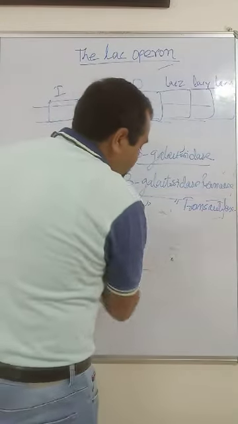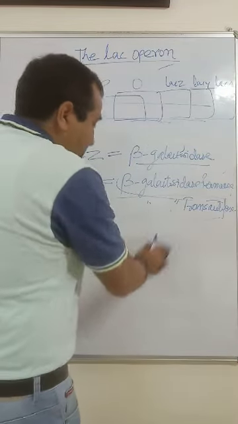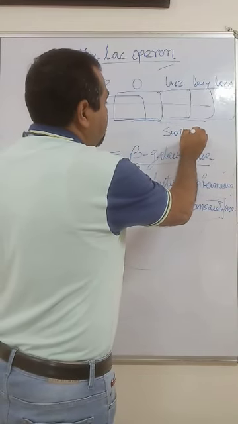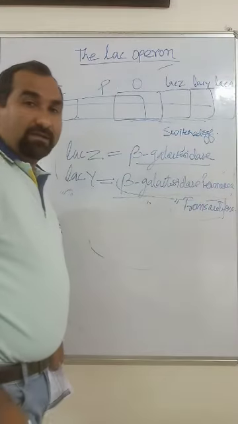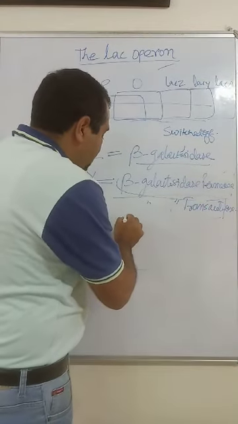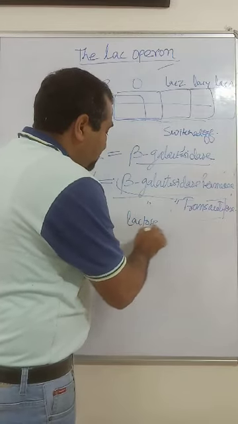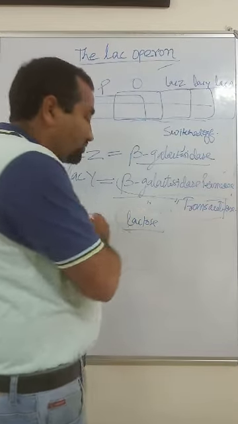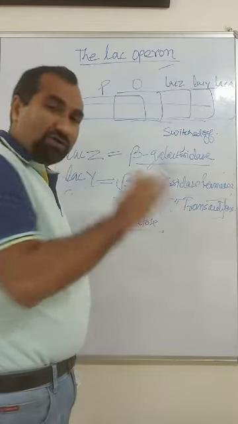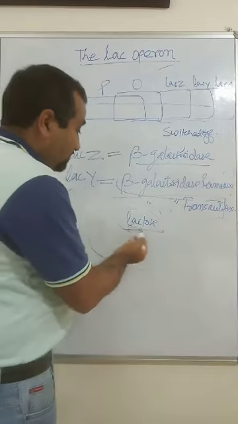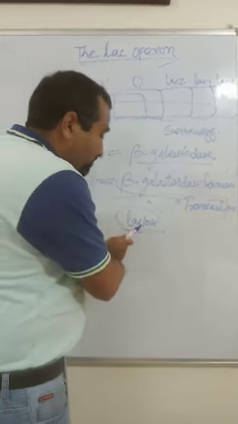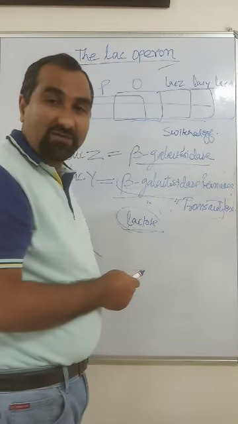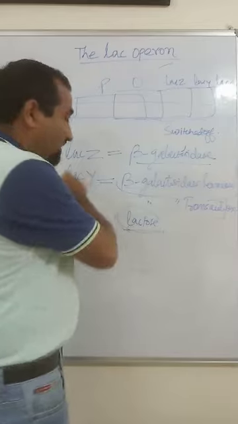But one more question for you, that if this lac operon is in switched off condition and there is only lactose remaining in the surrounding medium, and the bacteria has the opportunity to utilize the lactose, only lactose, but to utilize the lactose it should be transported in the cell, and its transportation is carried out by beta galactosidase permease, that is the product of lacY gene.